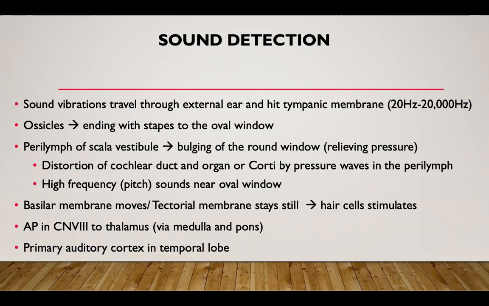Again, these vibrations go through the ossicles and eventually through the perilymph. If you are dealing with high frequency or high pitch sounds, those sounds typically get passed through the cochlear duct closer to the oval window.